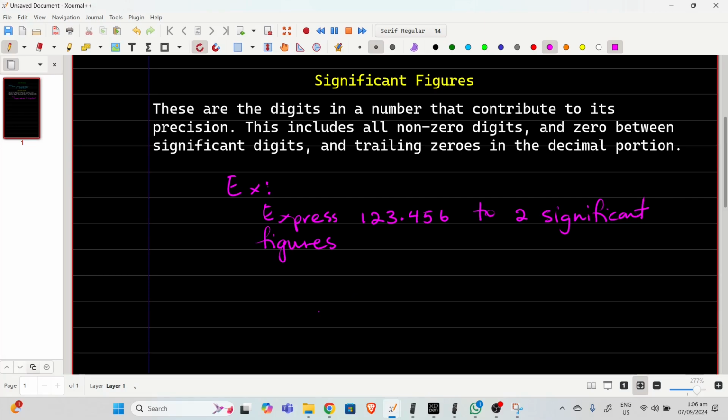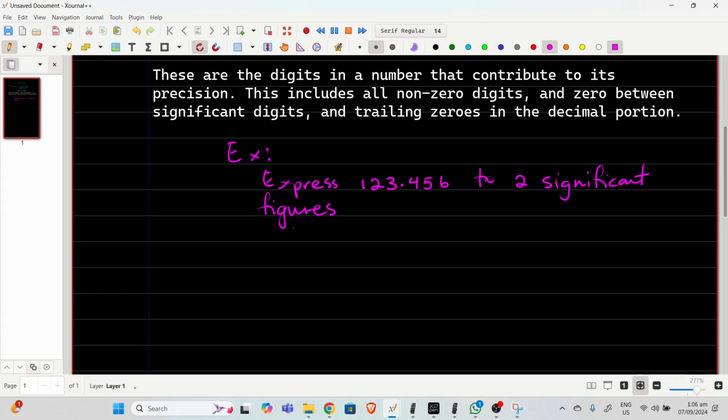So all I'm going to have to do is start counting from the left. The first number on the left that is not 0, I start counting from there, and that's how I do my significant figures.